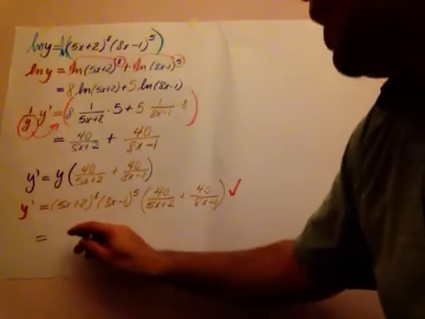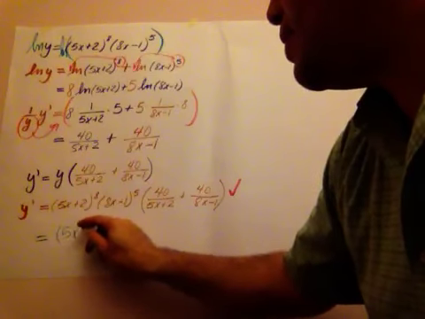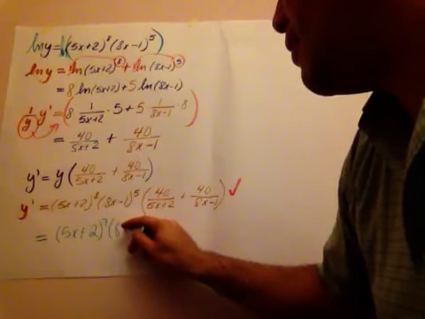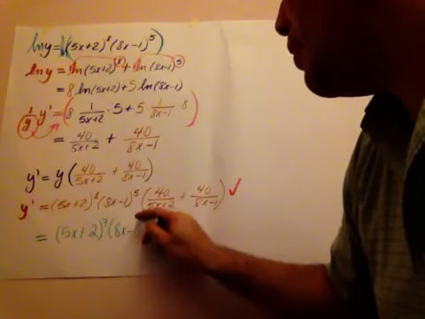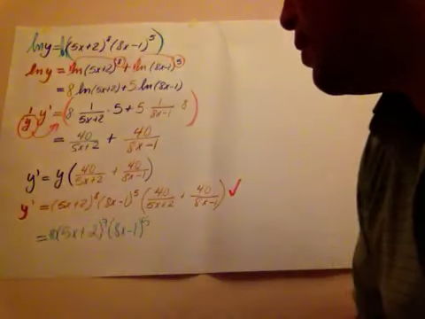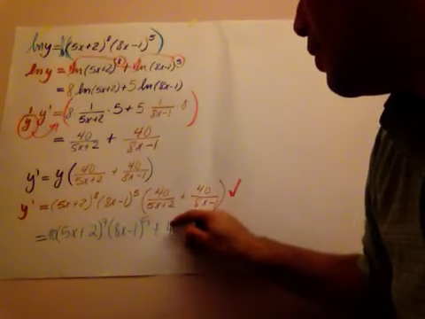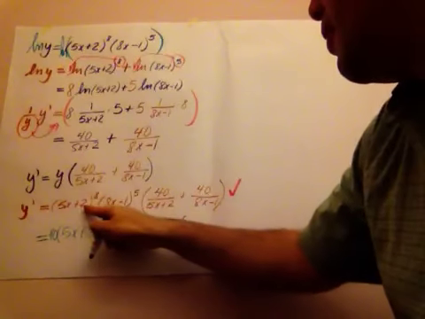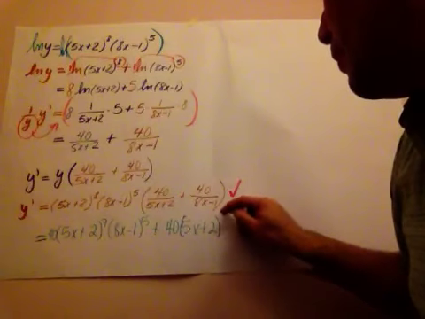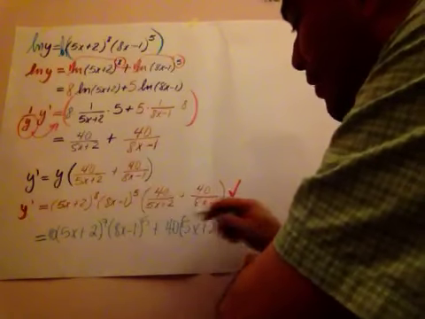So we could have (5x plus 2) to the power of 7 times (8x minus 1) to the power of 5 times 40, I guess I missed the 40, plus, again, the other 40 times (5x plus 2) to the power of 8, and one of the 8x minus 1 cancels.